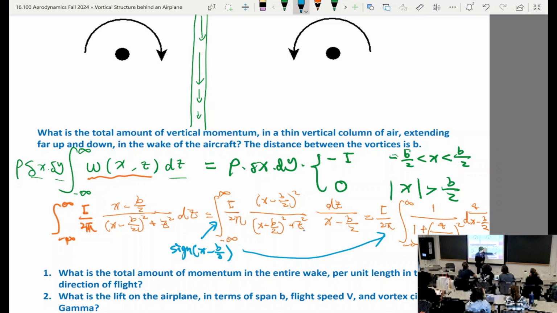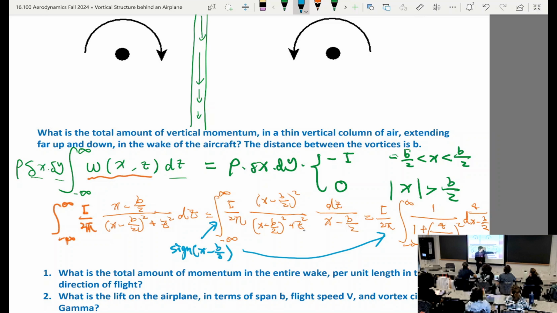Then I get 1 plus tangent theta squared, which is like the square of the hypotenuse, assuming that one side is 1. So this is 1 over cosine squared, and 1 over this whole thing is cosine squared.